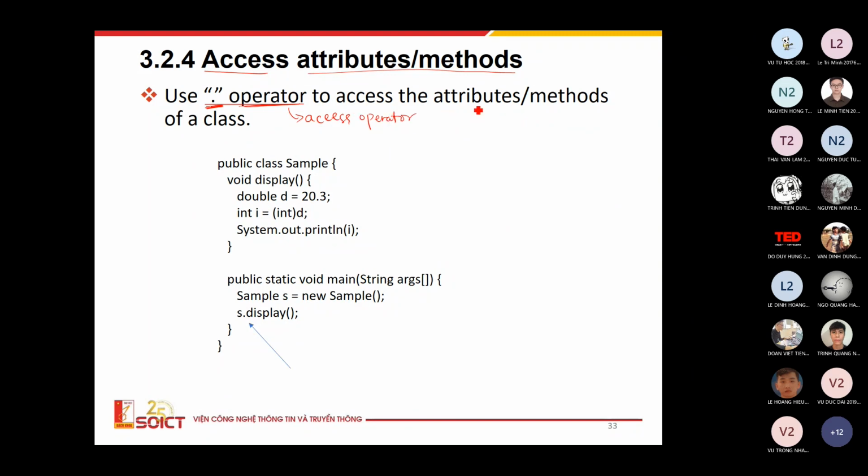You can use this to access the attribute and the method of a class. For example, you have this class named Sample, and somewhere in your program you have one object of the Sample class, and you want to access the display method of this class. So you will use the access operator, the point, here. Later you will see it in the example. So we show you before.